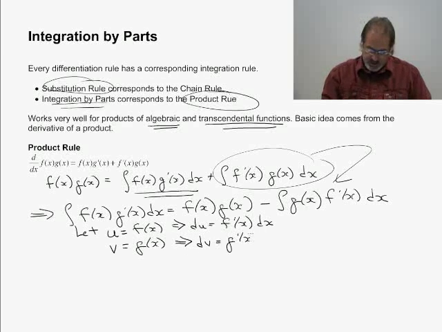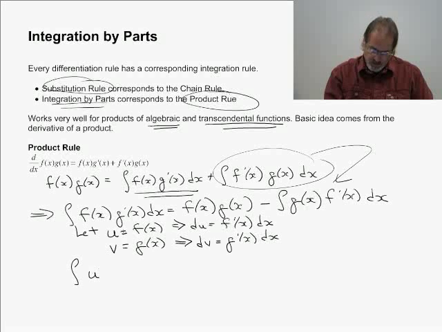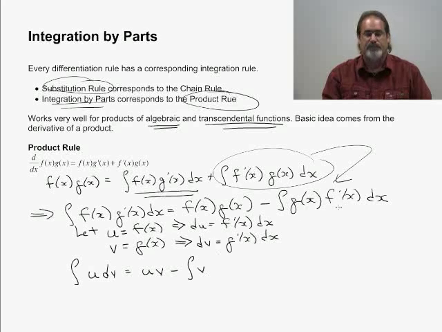Now, using that notation, the integral of f of x, which is u, times g prime of x dx, which is dv, is equal to f of x, which is u, times g of x, which is v, minus the integral of g of x, which is v, times f prime of x dx, which is du.